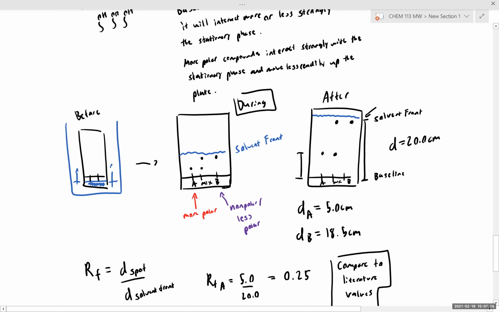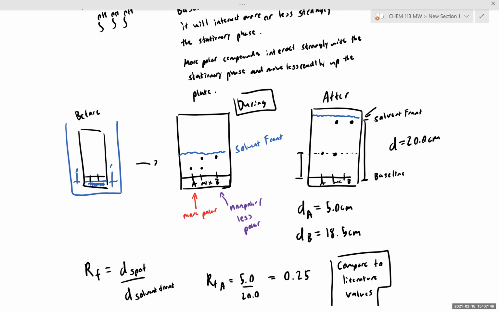Each unique spot indicates a unique compound, and compounds with the same location up the plate have identical polarity. In many cases, if two spots have the exact same retention factor, that tells us the two spots potentially correspond to the same compound.